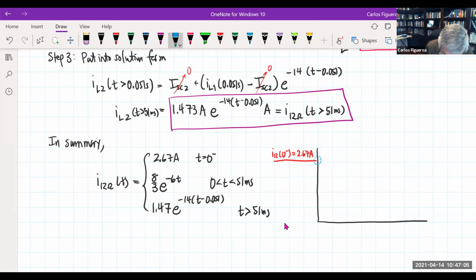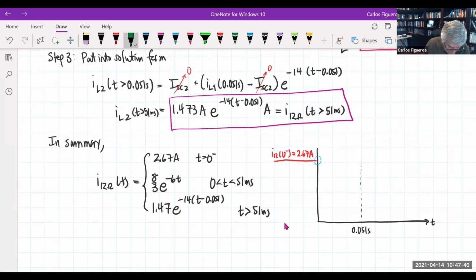So the thing about this is that I did not calculate this value. I should have. But what you're going to see here is that this thing is going to decay to this point here. And this is going to be at 0.051 seconds. So this guy is going to decay at this next interval. And what I should have calculated, let's just calculate this thing. It won't take too long here.